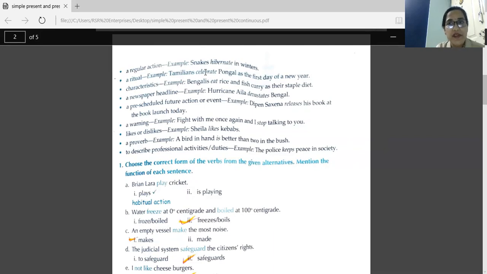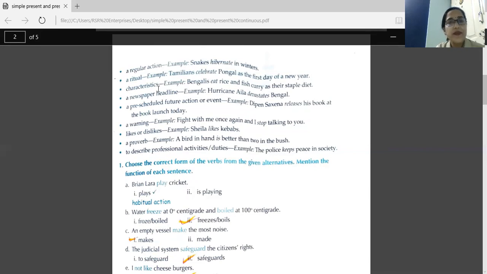So celebrate, we are using the first form of verb because we have Tamilians, a plural subject there. So celebrate will remain celebrate only. You will not write Tamilians celebrates. That is wrong. Tamilians celebrate Pongal as the first day of a new year.